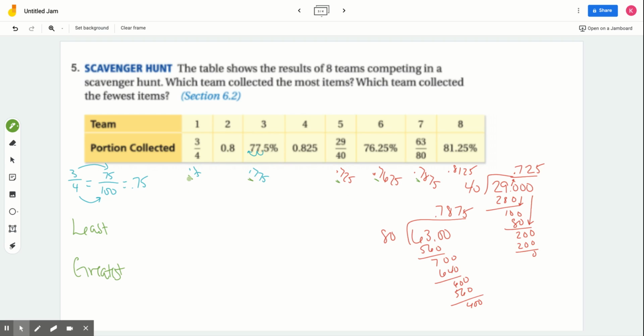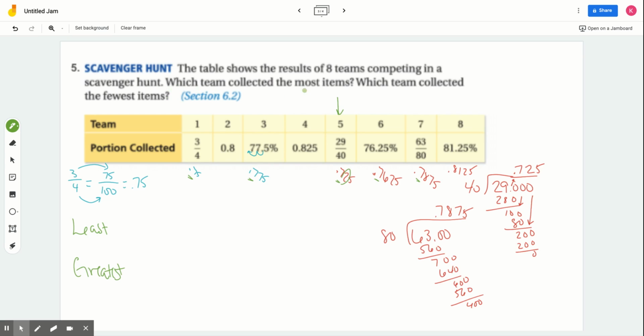When we do that, these are all less than any of them that start with 0.8. And we're going to look at the next numbers. So here's a 5, a 7, a 2, a 6, and 8. We need the least. So of those next digits, the 2 is the least. So that corresponds with number 5, 29/40.